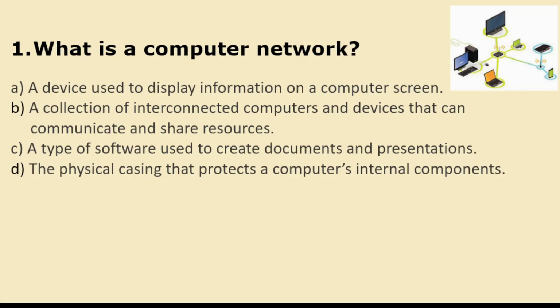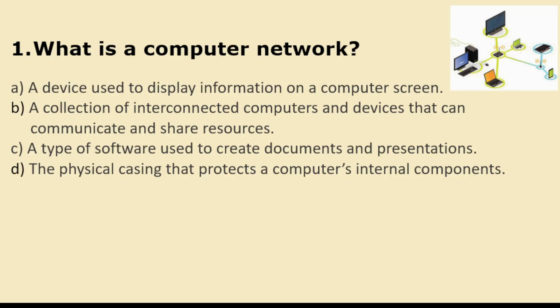Our first question is, what is a computer network? A. A device used to display information on a computer screen. B. A collection of interconnected computers and devices that can communicate and share resources. C. A type of software used to create documents and presentations.